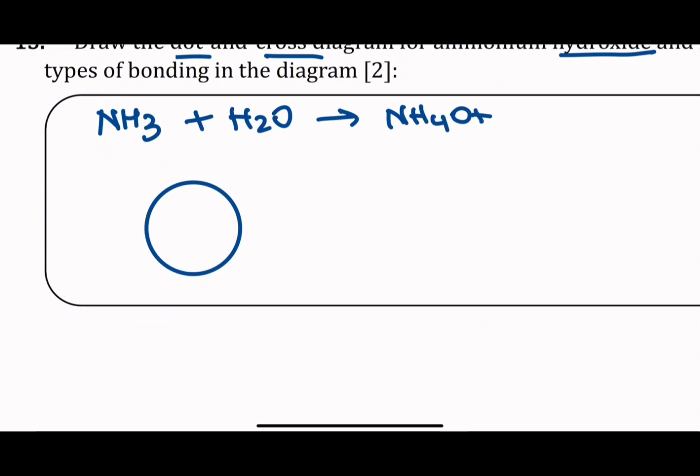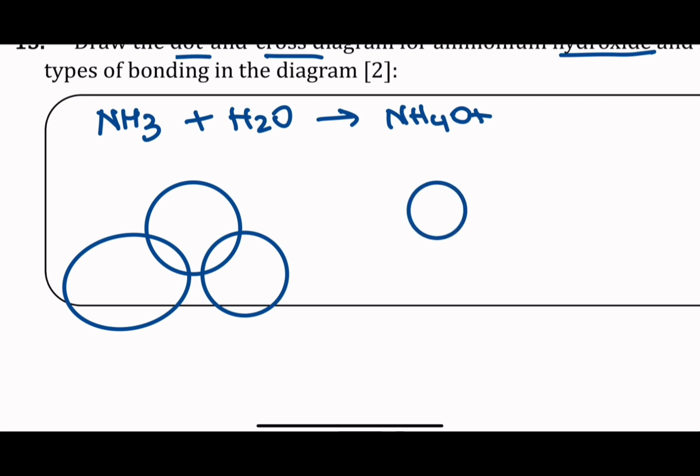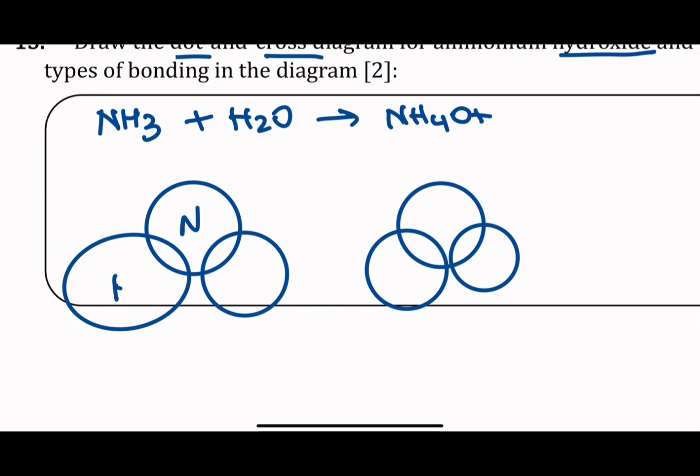And for the water, I'm going to draw it like this, with the oxygen in a smaller circle. So I have here nitrogen, hydrogen, hydrogen, hydrogen, oxygen, hydrogen, and hydrogen.